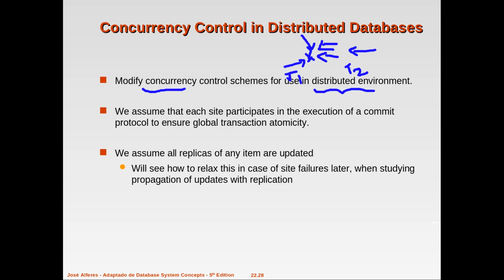To overcome all these situations, we need to utilize special categories of concurrency control protocols in distributed databases. When we use these protocols, we are assuming that each site participates in the execution of a commit protocol to ensure global transaction atomicity.